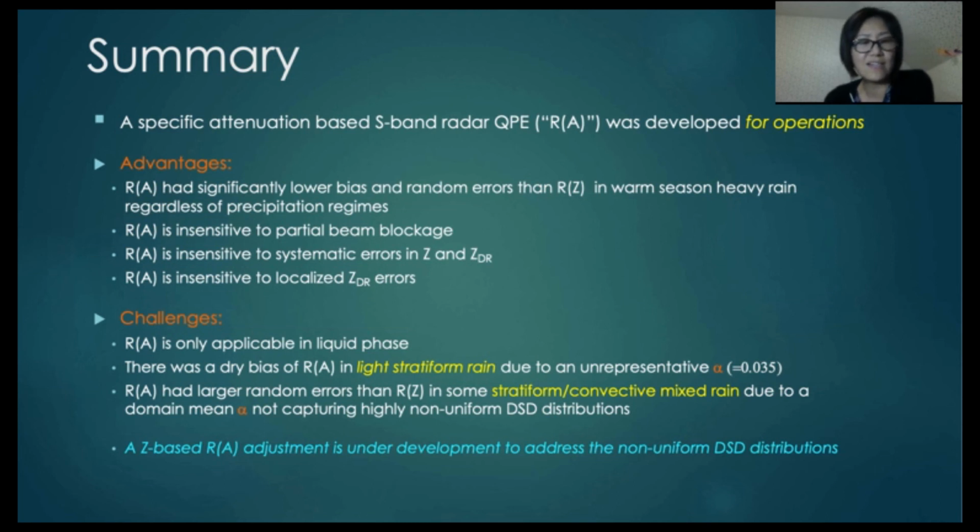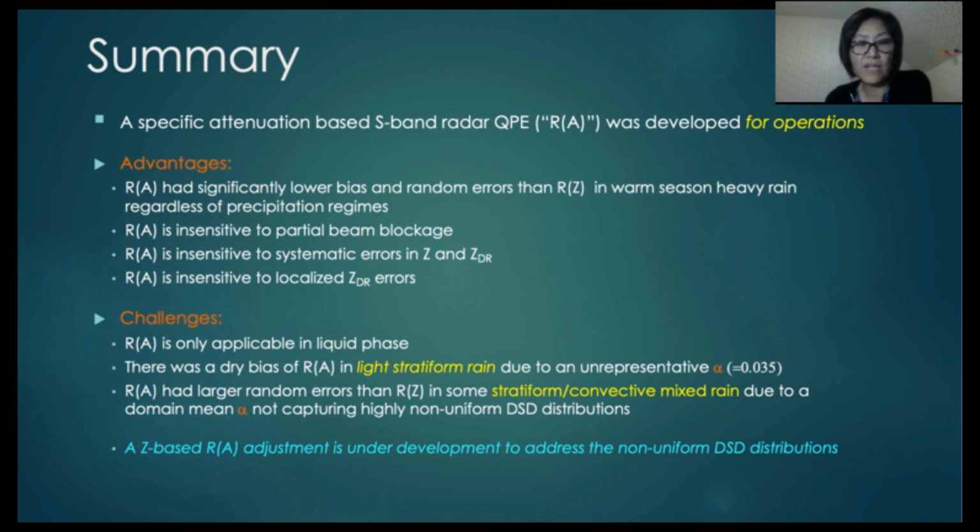The challenges: R(A) is only applicable in liquid phase, so we still need to face challenges with the frozen phase. We noticed a dry bias in light stratiform rain due to an unrepresentative alpha. We also noticed overestimation, sometimes underestimation, in mixed rain because we are using a domain-average alpha under highly non-uniform DSD distributions.